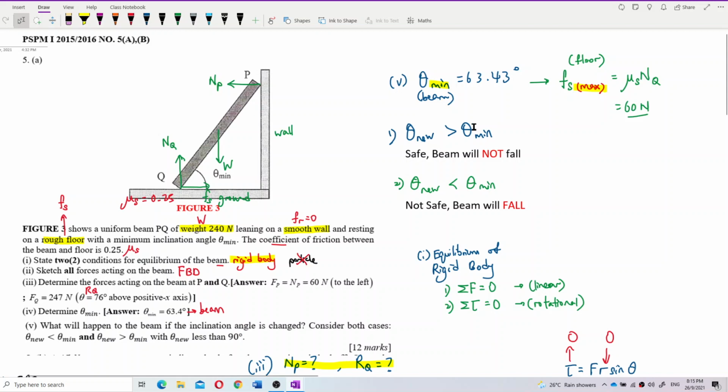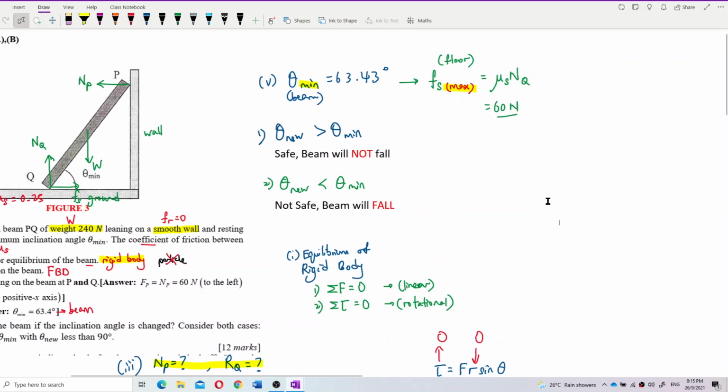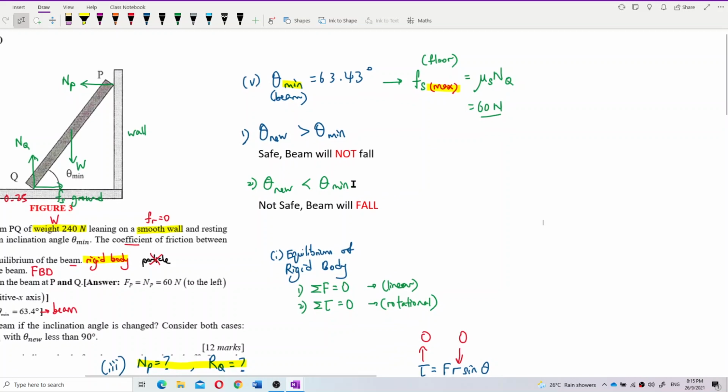So if you are more than the minimum angle, it is safe and the beam will not fall. But if the new angle is less than theta minimum, the beam will fall, because the friction needed is more than the maximum static friction. The floor cannot provide more than that. It can only provide 60 Newton. If you are less than the minimum angle, your friction needed will be more than 60 Newton. Certainly the beam will fall.